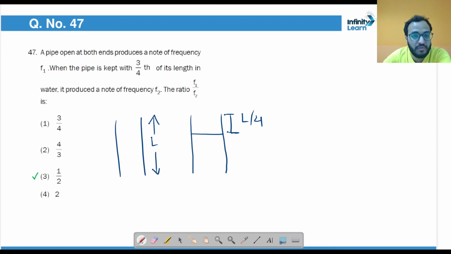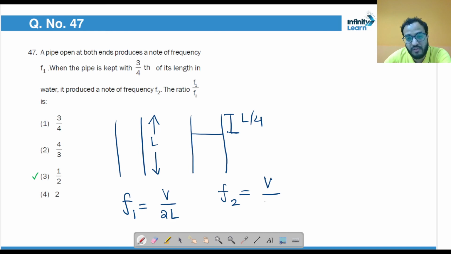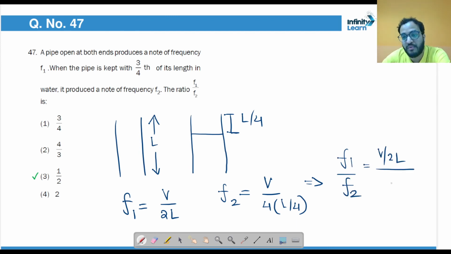Now the frequency is F2. See, when it is open, perfect. So we will say F1 is equal to V by 2L and F2 is equal to V upon 4 into what is length? L by 4. So F1 by F2 is equal to V by 2L upon V by L, that is 1:2.